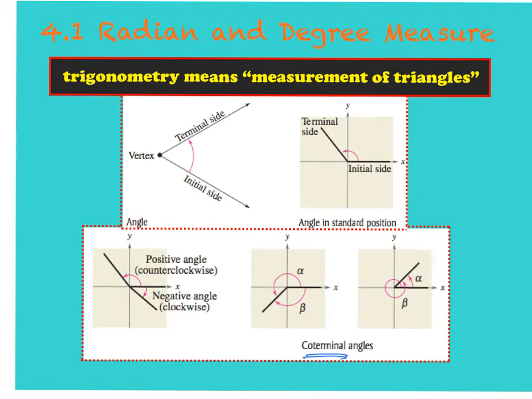They just got there a different way. Now, in this one, alpha and beta are both positive angles. However, beta travels all the way around and then back up again. But they measure the same angle. Those, again, are said to be coterminal.